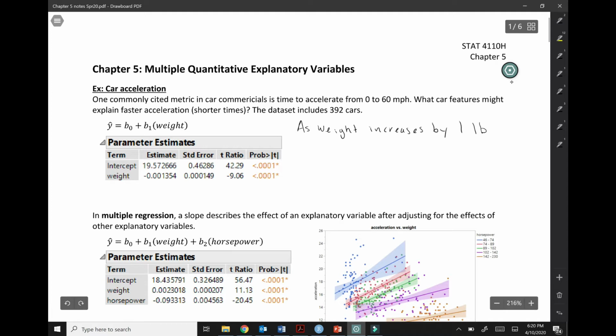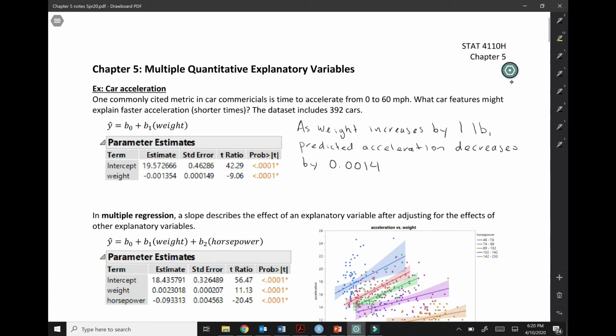As weight increases by 1 pound, the predicted acceleration decreases. And that's because we have a negative slope, right? Predicted acceleration decreases by this amount, 0.0014. And remember, if your acceleration time decreases, that means that you have faster acceleration.